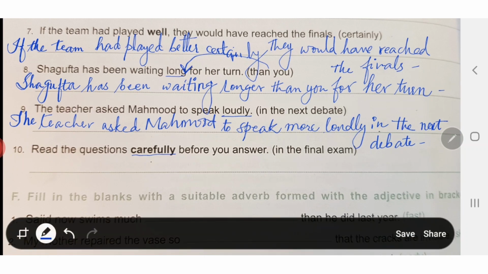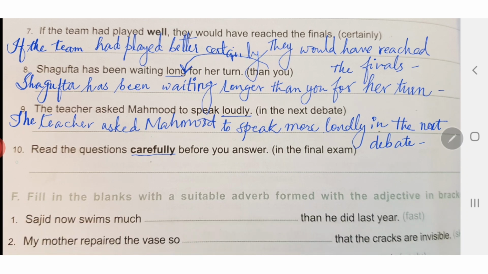In the final exam, read the questions more carefully, or you can say read the questions more carefully before you answer in the final exam. Choice is yours. Both ways the answer is correct. Okay, let's start writing.